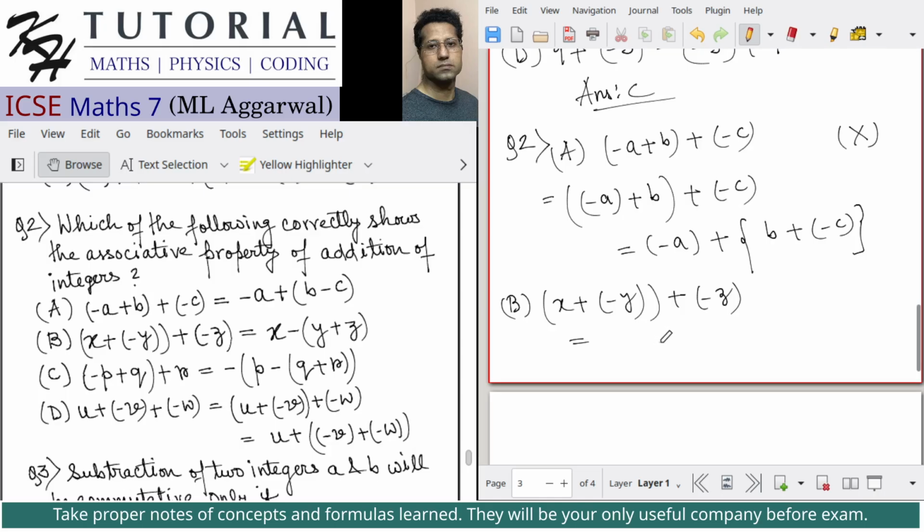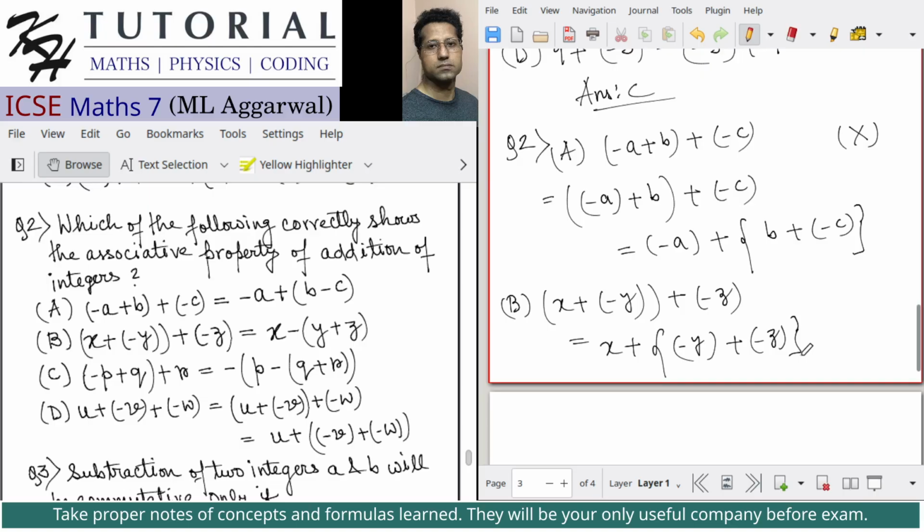On the left hand side it is first adding the first two integers, x and minus y. So on the right hand side I must first add minus y and minus z and then add x to it. So on the right hand side I must have x plus minus y plus minus z. This is the correct demonstration of adding the three integers x, minus y and minus z to show the associative property of addition.